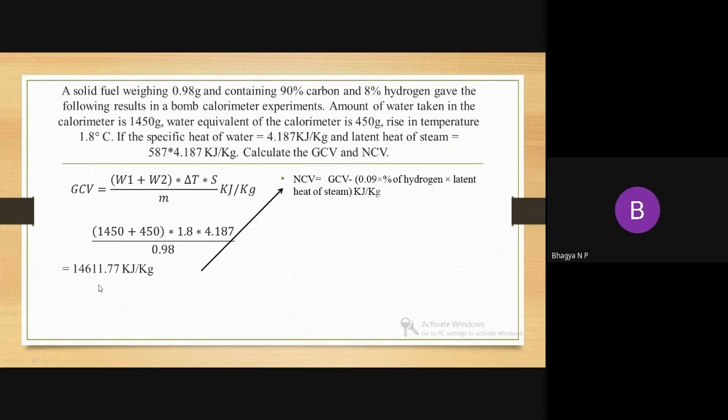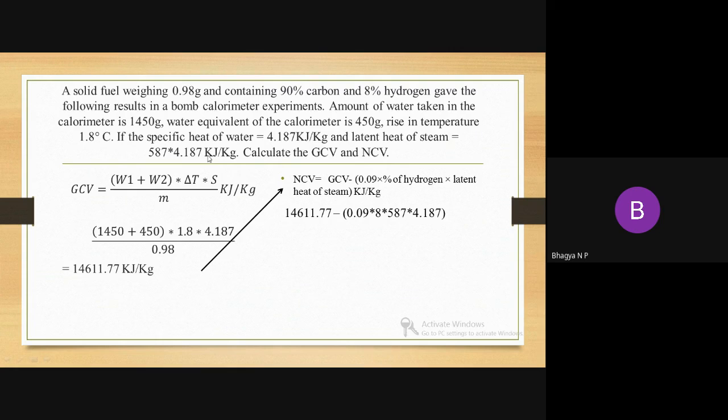Then how to calculate NCV? NCV is calculated by using this formula. Then substitute all the values. GCV we have already calculated, minus 0.09 is a constant term, into the percentage of hydrogen, in this problem 8%, into latent heat of steam, given as 587 into 4.187.